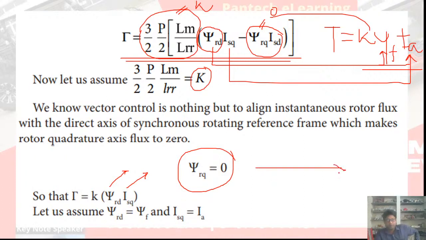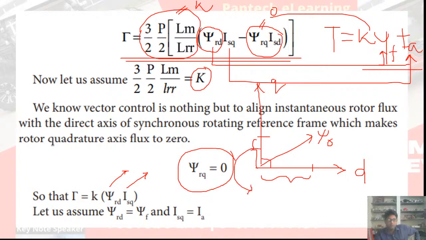So now you see, if this is my direct axis and if this is my quadrature axis, my rotor flux is somewhere here. So this is my direct axis component and this is my quadrature axis component, and the entire dq is rotating with the synchronous speed.